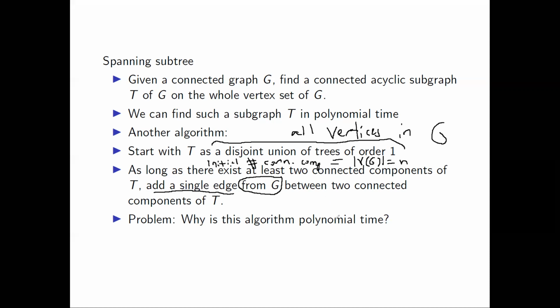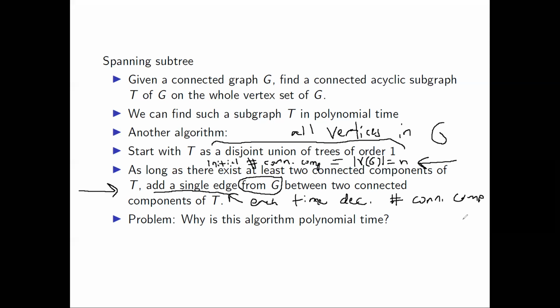But in addition to that, each time we add that edge between the connected components, it decreases the number of connected components. It decreases it by 1 specifically, although it's not important really to say that because I'm just mentioning this for the fact that we can say that these steps happen at most n times because the number of connected components has to decrease each time, and it starts at n.